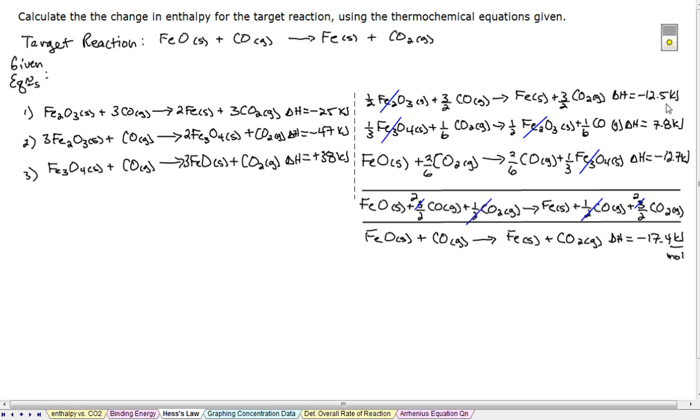Once I've done all that and added these up, I get my enthalpy, minus 17.4 kilojoules per mole. This was a pretty tricky one, but that's how you would use Hess's law to manipulate thermochemical equations to determine the enthalpy for a target reaction.